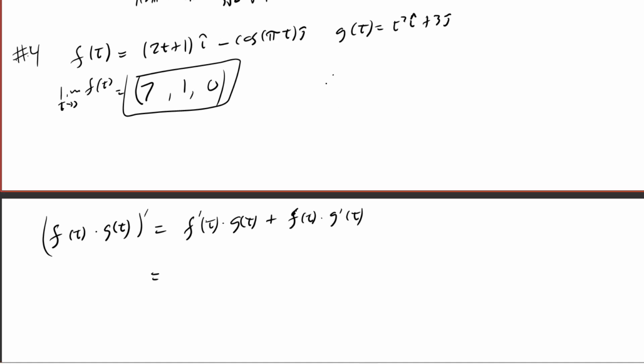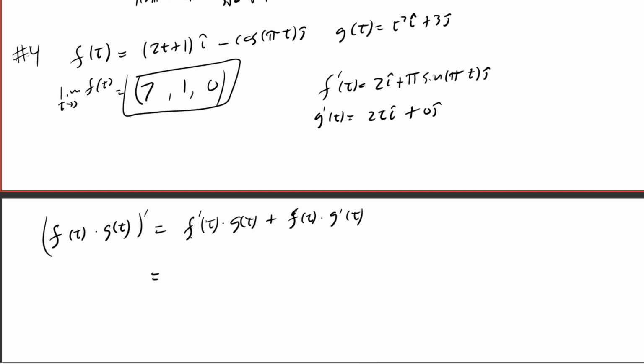So here, f prime of t is just 2 minus pi, the derivative of cosine is negative sine. And g prime of t is 2t i plus 0 j.